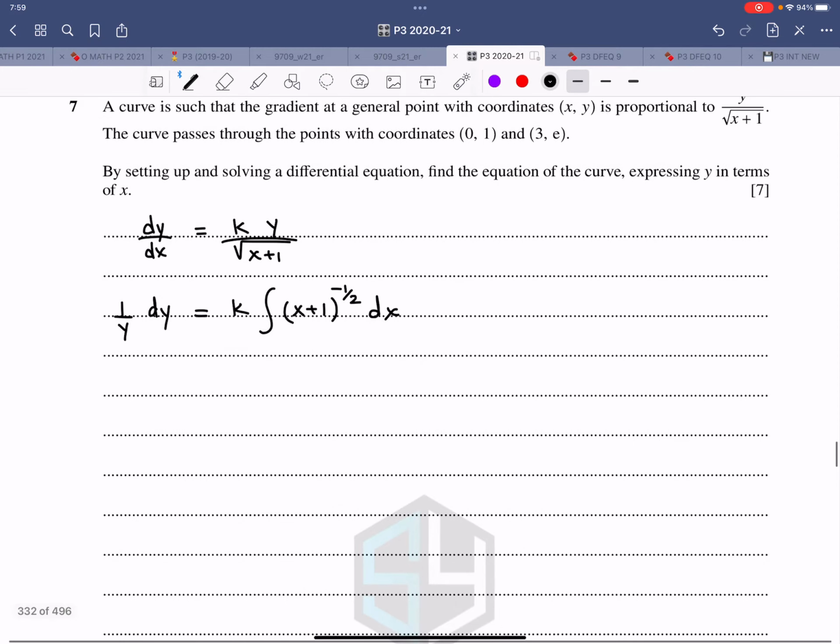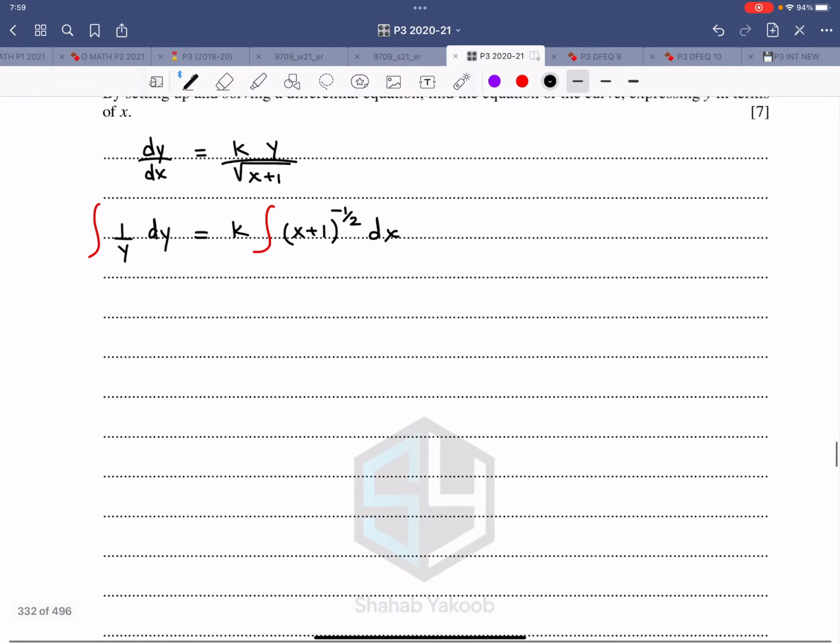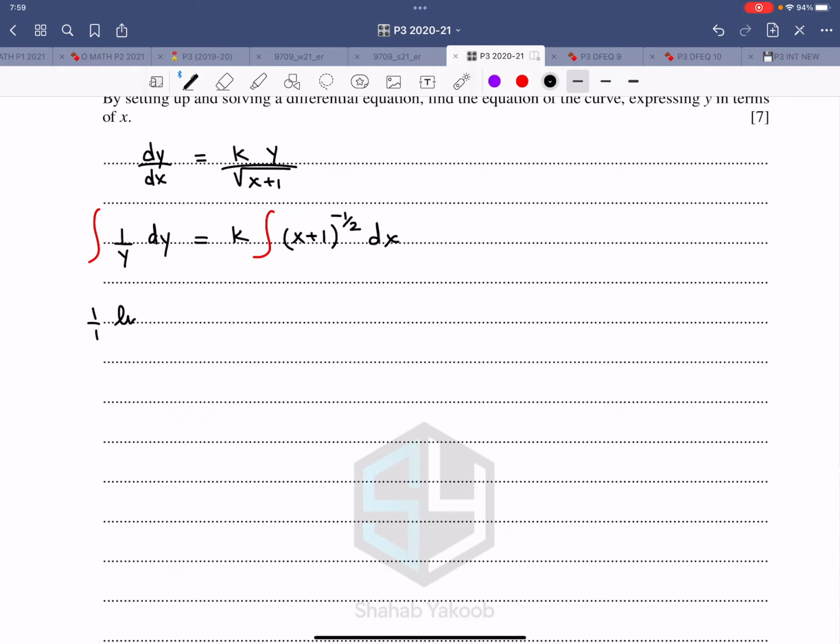So let me put an integration symbol, a neater one. Let's start simultaneously. This is 1 over 1, ln y, k as it is. This is x plus 1 raised to power of minus half plus 1 divided by minus half plus 1. Don't forget the derivative of the bracket, which is 1, even though it's something very obvious, plus c.